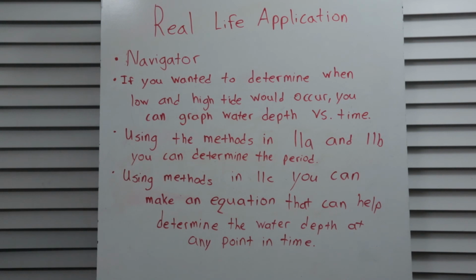And then using the method in 11C, you can make an equation that can help you determine the water depth at any point in time. So as a result, you'd be able to know when low tide would happen. This is just one example of how you could use the methods in question 11 in a real life career.